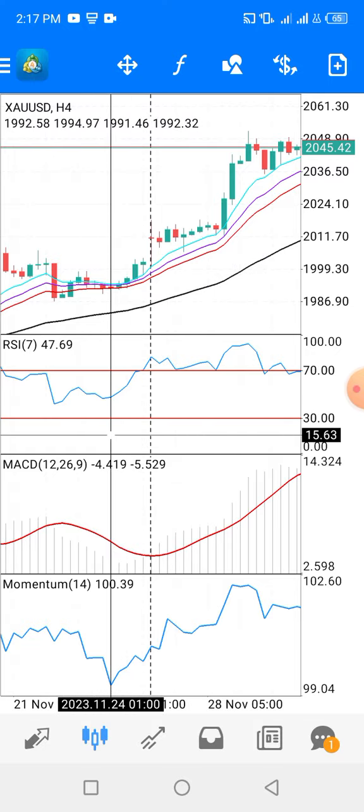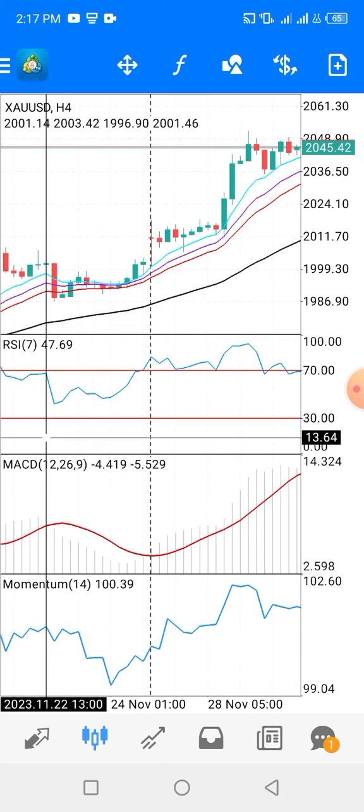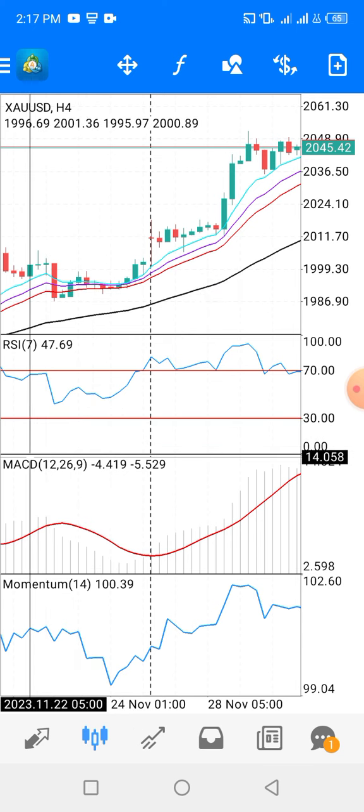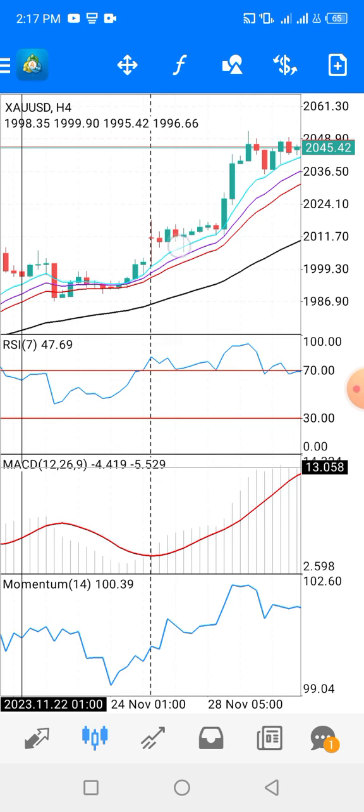The red line is the 21, the pink line is the 13, and the green line is the 7. So when they are all above, or simply when the green moving average is above all of them, you are on an uptrend.